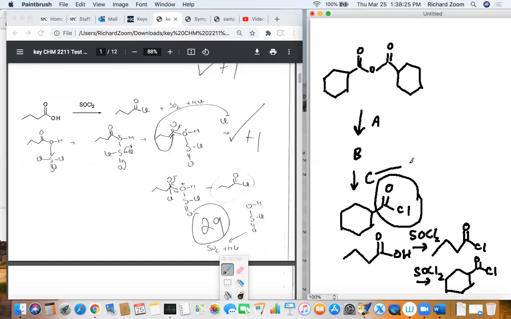So that's how I know that that's SOCl2. I've got to figure out this B compound here. And what I would want you to see is the pattern is that the OH gets replaced with the Cl. So I know that B would have to be this. Okay, so that would have to be B.